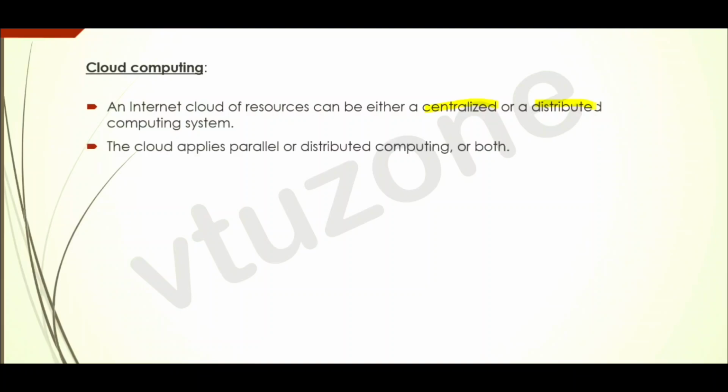Then next, cloud computing can process tasks using multiple processors at the same time. That is nothing but parallel, or by spreading tasks across different computers. That is distributed computing.